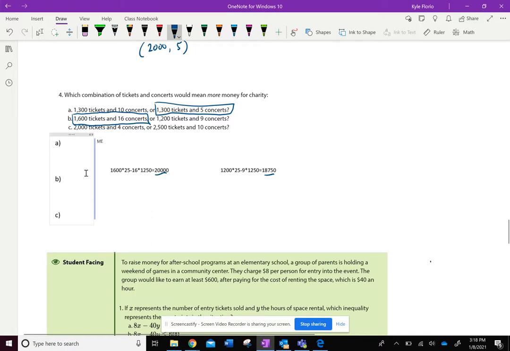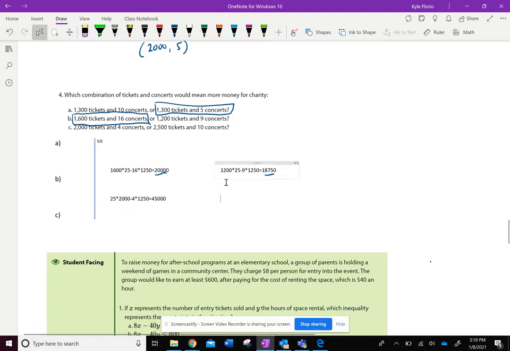Same thing on the bottom one. If I have 2,000 tickets, it's $25 for a ticket times 2,000, and I have 4 concerts at 1,250. That's going to come out to be $45,000. That's way more than the 20,000 that we want.